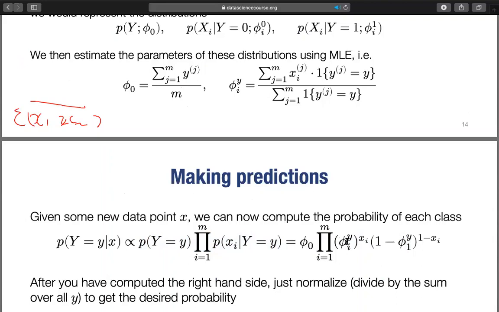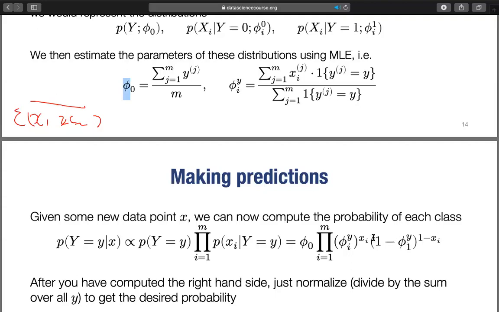So this is that Bernoulli distribution that we simplified earlier, multiplied by the probability of y, multiplied by the product over all the phi of xi and 1 minus phi of 1 minus x.